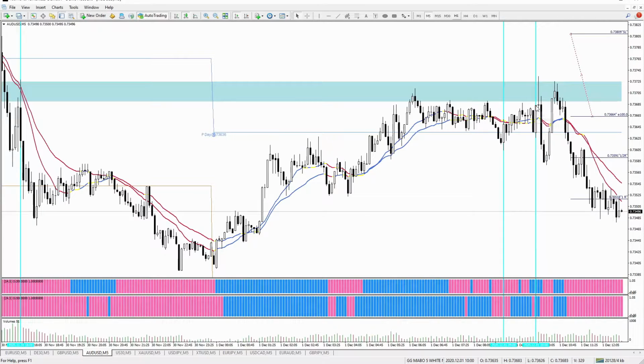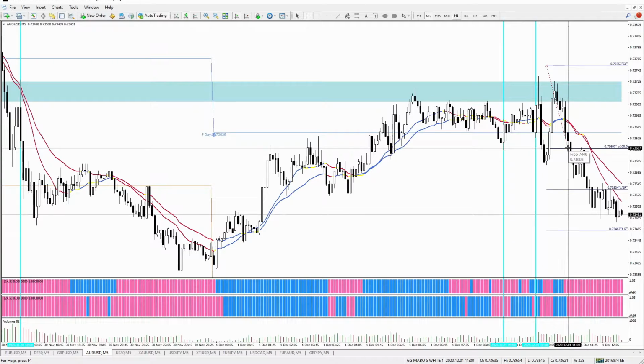Now, here we can start saying, okay, look, the bulls have tried once, have tried twice, three. They actually tried here when there is more volume because it was London Open. They tried here. I think it's probably about time that they're going to give up.